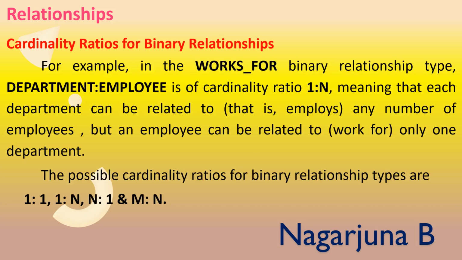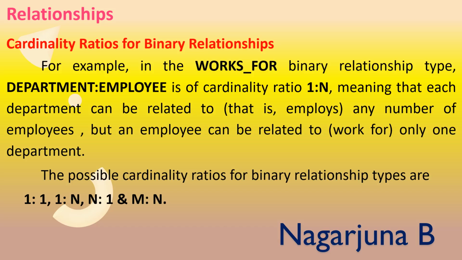For example, in the works for binary relationship type, department to employee is of cardinality ratio 1:n. Works for is a binary relationship type, and here department is related to employee in the cardinality ratio of 1:n. That means each department can be related to any number of employees.